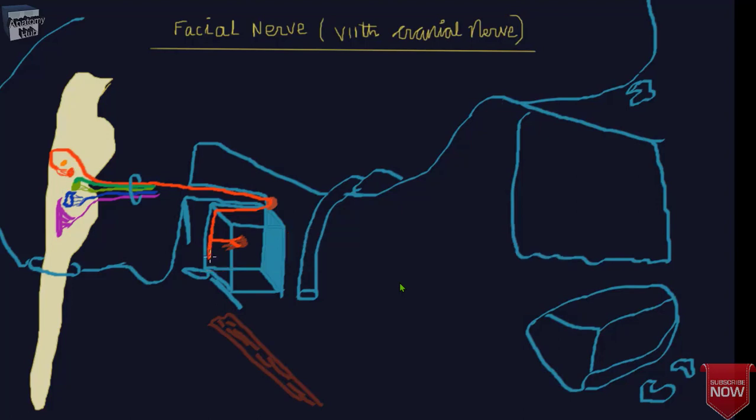Now this motor branch will descend downward, exit from the intracranial course as the extracranial course through the stylomastoid foramen, and will innervate the posterior belly of the digastric, along with the stylohyoid.